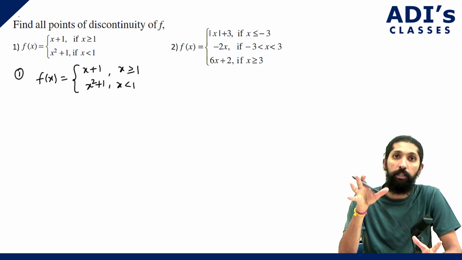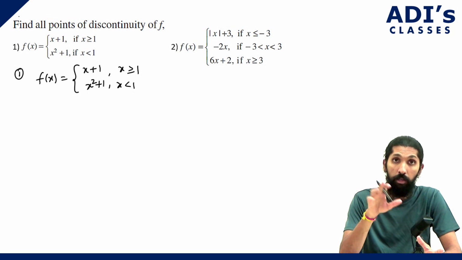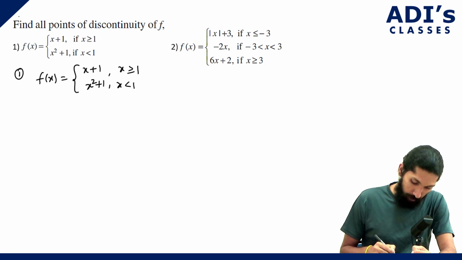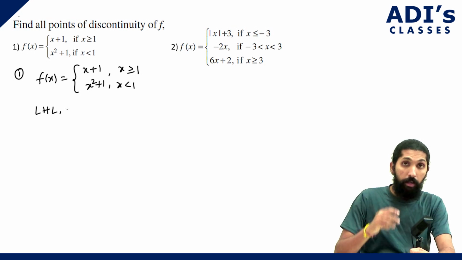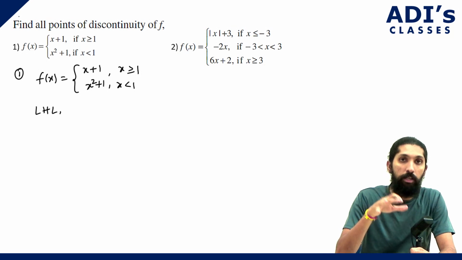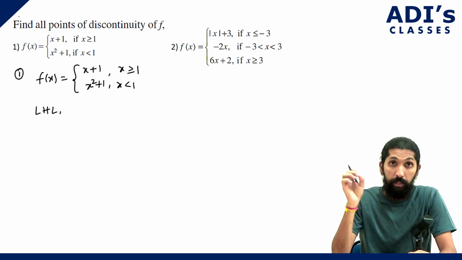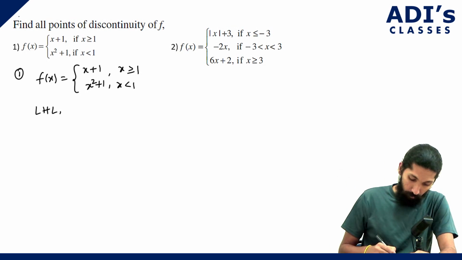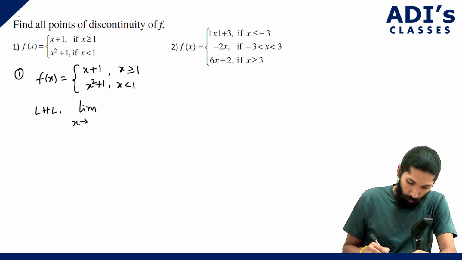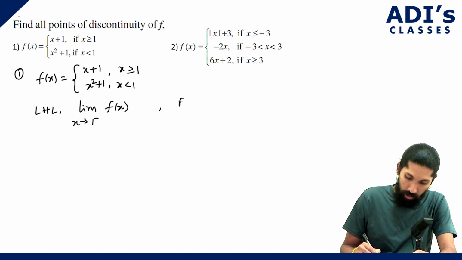First we'll see whether it is continuous at x equal to 1 or not. Here we'll start with LHL. We'll check LHL, RHL, and of course the limit at the particular point. LHL is the limit as x tends to 1 minus of f of x, and RHL is the limit as x tends to 1 plus of f of x.